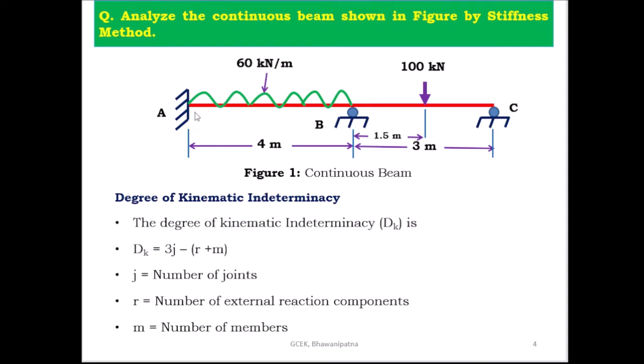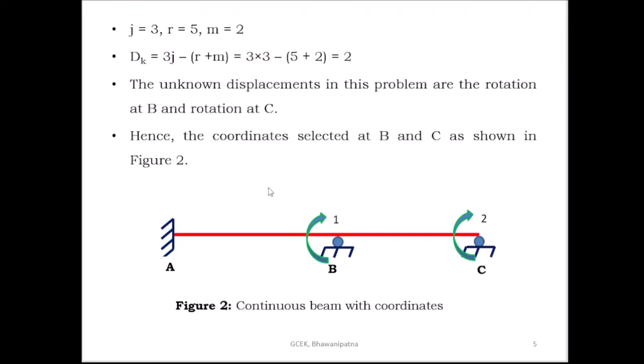Here there are 3 joints, A, B, C, the number of reaction components is 3 plus 1 plus 1, that is 5, and the number of members is 2, AB and BC. So j is equal to 3, r is equal to 5 and m is equal to 2. Then dk is equal to 3 into 3 minus 5 plus 2, which is equal to 2. So the degree of kinematic indeterminacy or the degree of freedom is equal to 2.